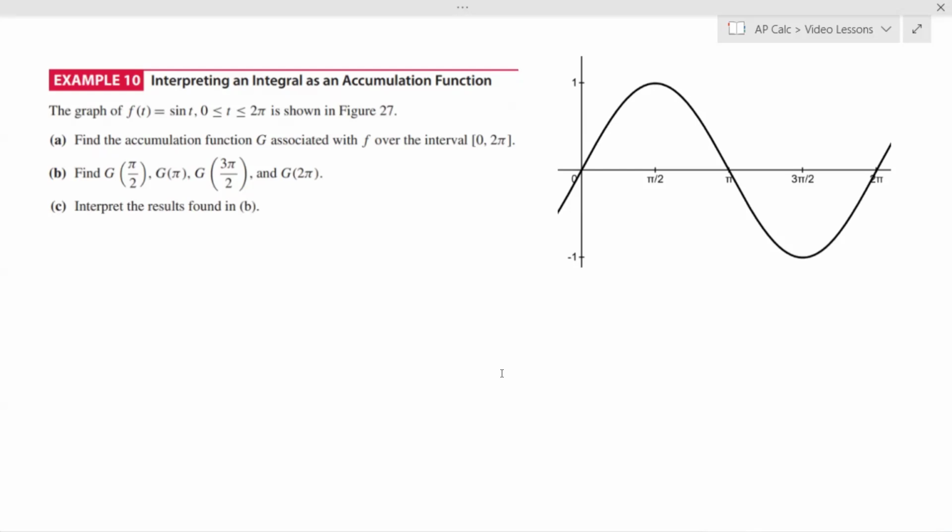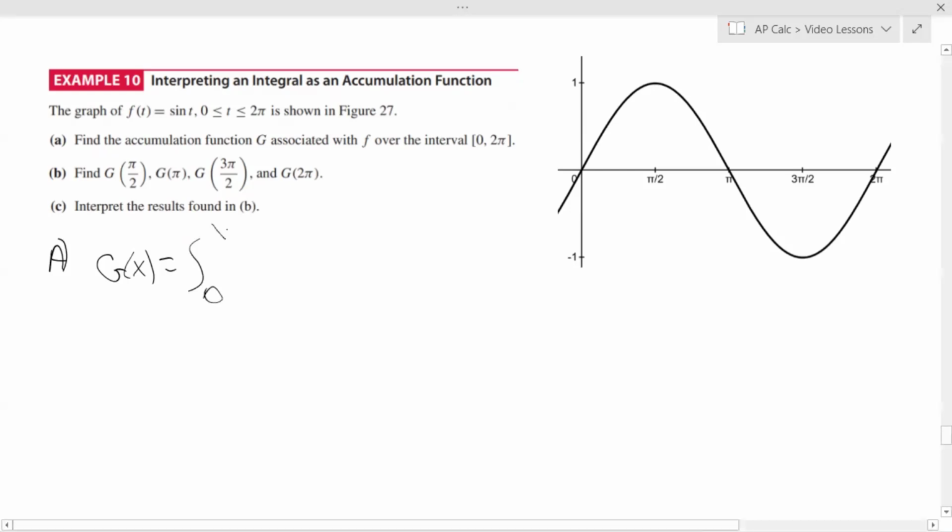So for part A, g of x is simply the definite integral from 0 to x of sine t dt. Now the antiderivative of sine is negative cosine, and we're going to evaluate that at 0 and x. So you have negative cosine of x minus negative cosine of 0.